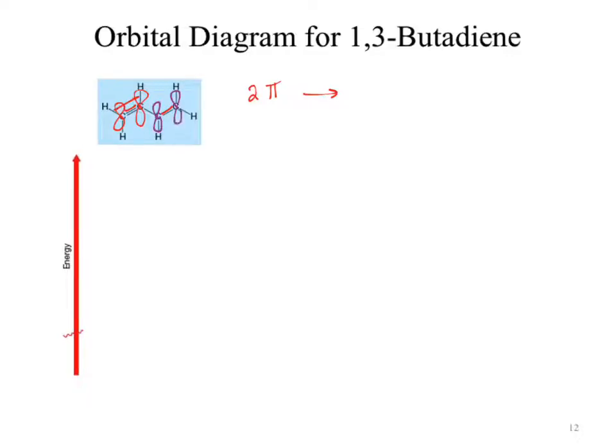Do I have a different pi bond? Yes. Those 2 pi bonds need to come from 4 atomic orbitals, which then means I have 4 molecular orbitals, 2 of which will be bonding and 2 will be anti-bonding. What orbitals are we looking at overlapping?